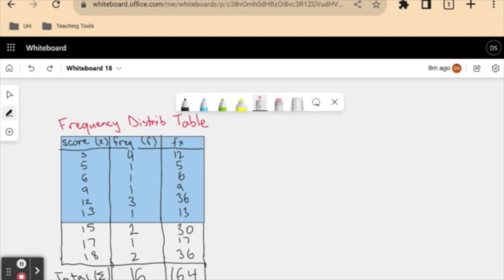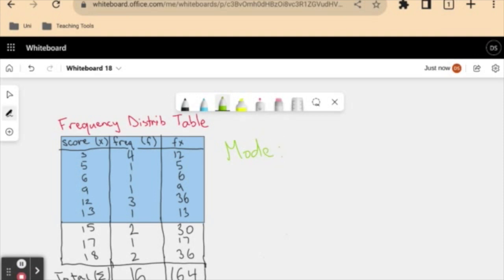And in a few minutes towards the end of the video, we'll see why this f of x column is so important. So let's go again. We'll calculate all our things again, but they're going to be so much easier to do now. So we've drawn this table.